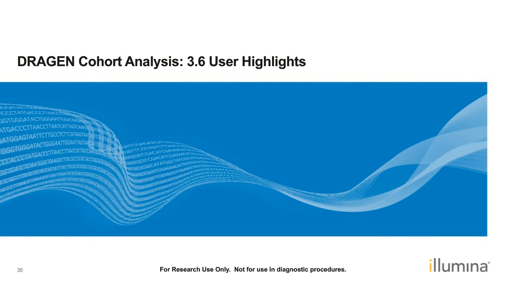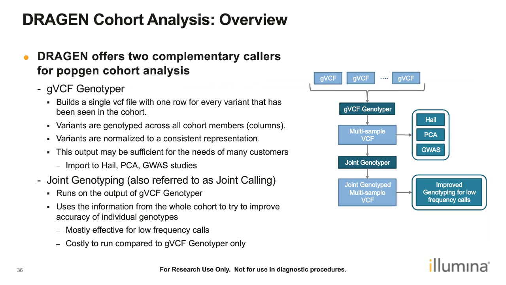Okay. We have some updates on the cohort analysis. This is something that we've been working on since early this year, improving the overall PopGen offering, or large-scale cohort offering. This first slide is just showing you the workflow related to that.